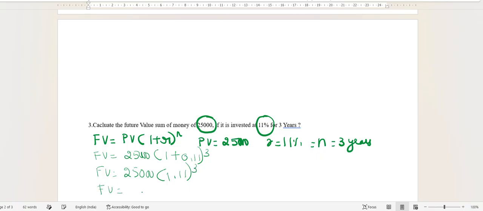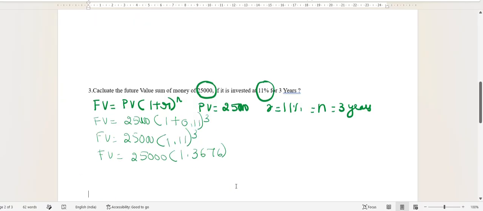My future value is equal to 25,000 into 1.11 into 1.11 into 1.11, which will be 1.3676.